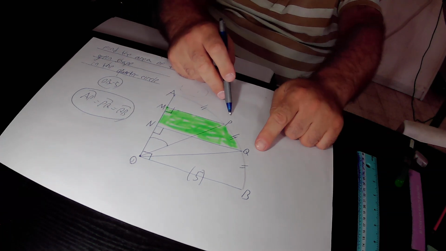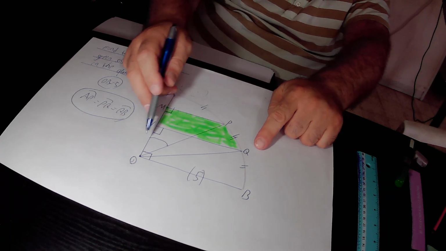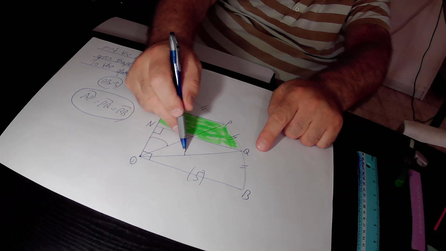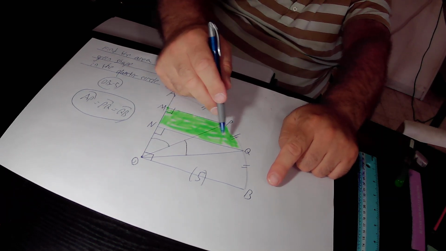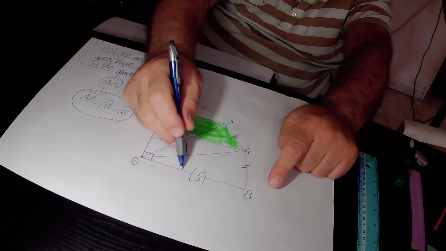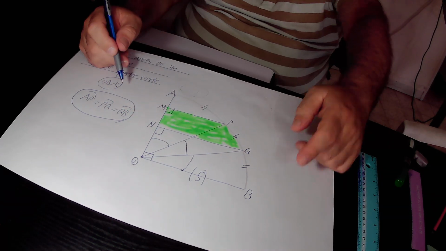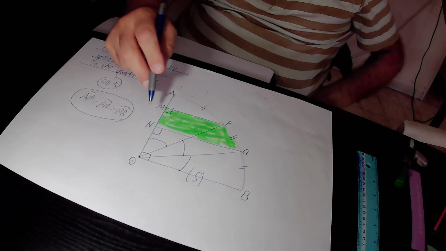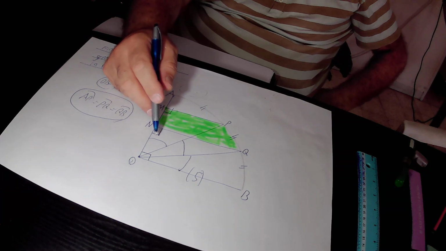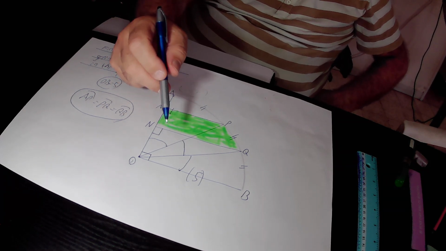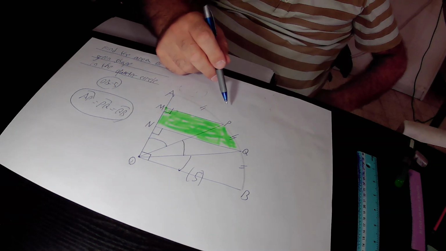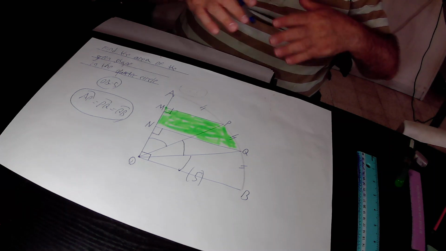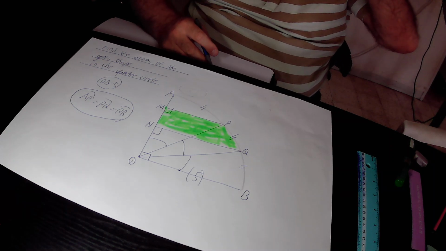In front of this arc PQ, we have center angle POQ. And finally, in front of this arc QB, we have center angle QOB. And because those three center angles AOP, POQ, and QOB are located in front of those equal arcs AP, PQ, and QB, they must also be equal to each other in their sizes.